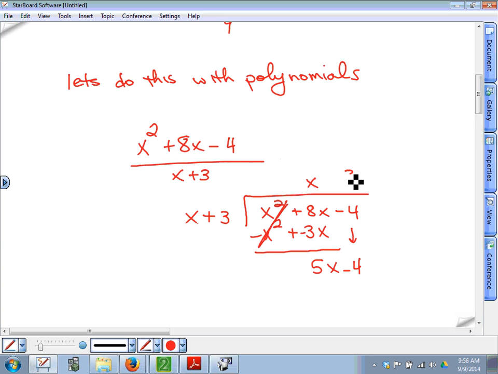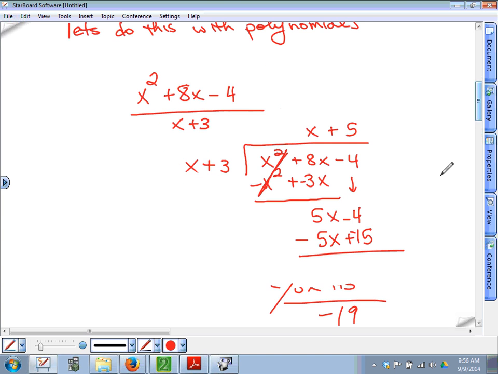Or maybe easier is, what kind of a term could you put here so when you multiply it by x you get 5x exactly? Plus or minus? Plus 5, right? So I'm going to put a plus 5 up there because 5 times x is 5x. You want to match up those terms exactly. 5 times 3 is 15. Draw the line and change the signs, or switch the signs.